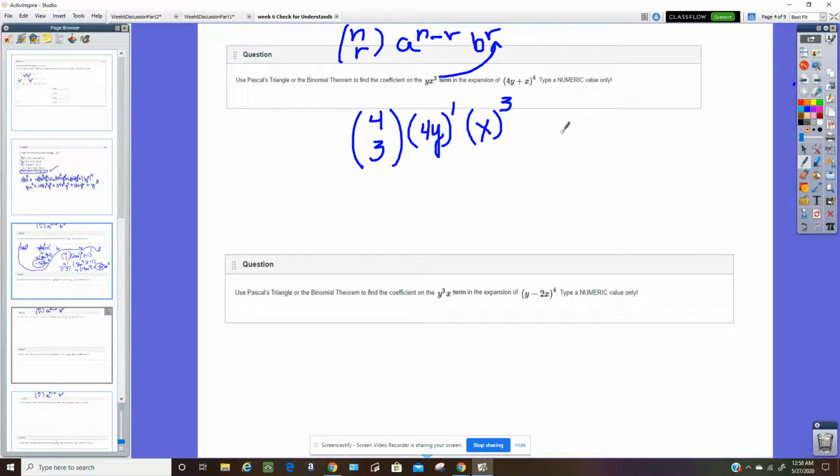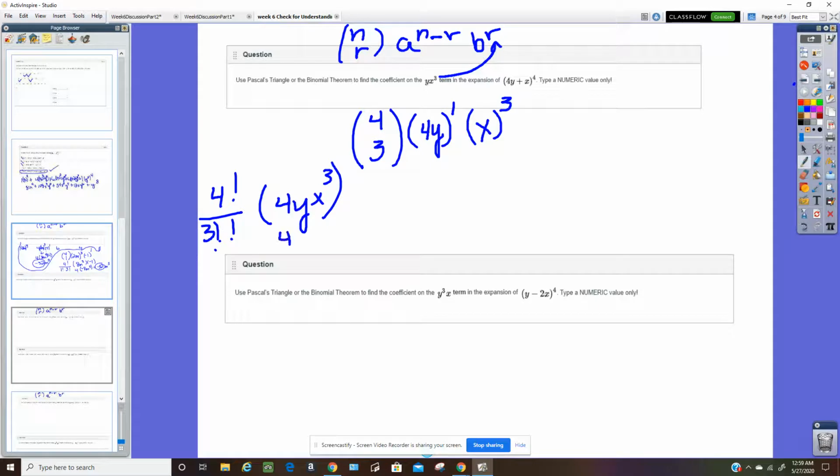Or I could use the fourth row again. So first of all, let me calculate what this is. It's 4 factorial over 3 factorial times 1 factorial, and then 4y to the first is just 4y, x cubed, and then 4 factorial over 3 factorial is just 4.